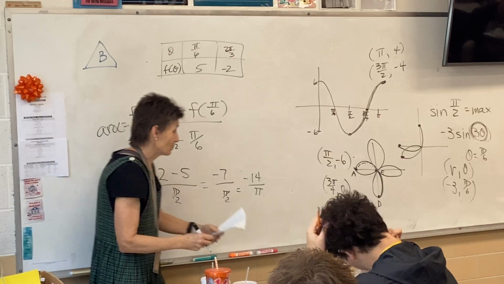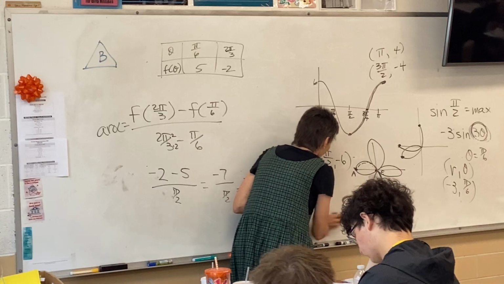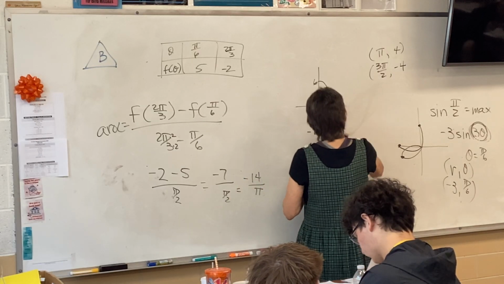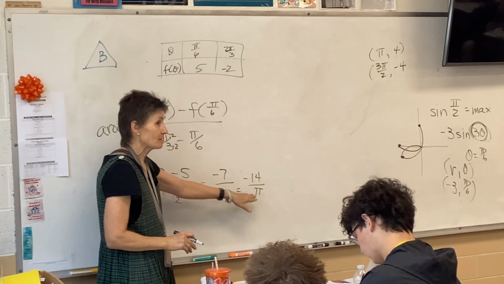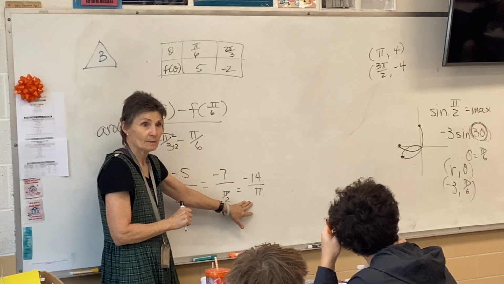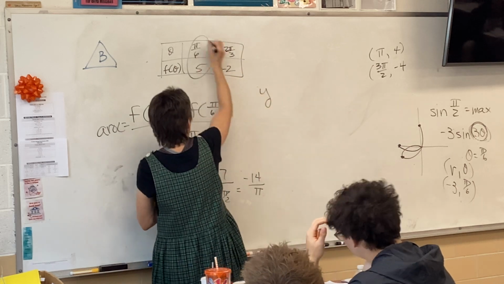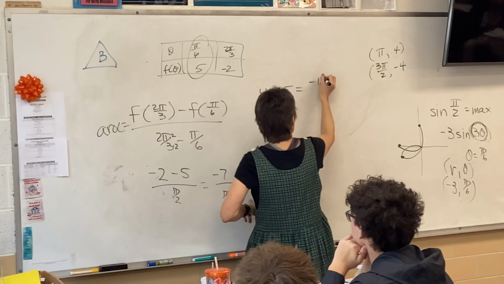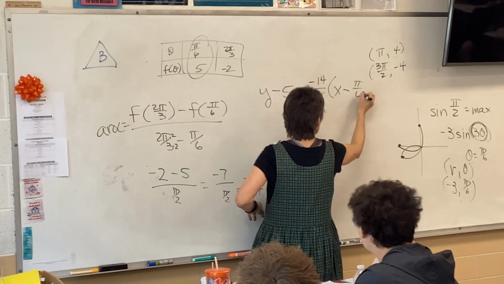Now, you can do this a couple different ways, always, of course. When we did this before, we simply took these 2 points that we have and the slope, essentially the slope, and we wrote the equation of a line. So one option you have is to pick a point, maybe I'll pick that one. Y minus 5 equals negative 14 over pi times x minus pi over 6.